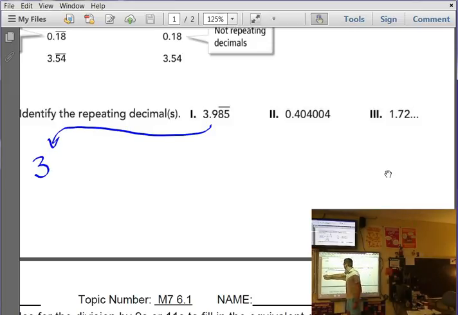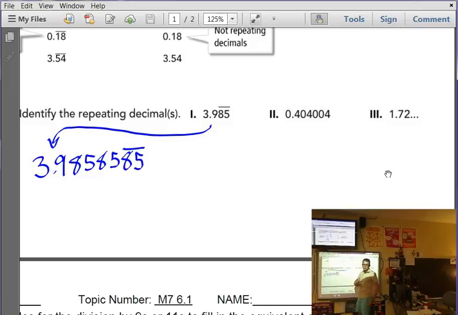So this would actually be 3.9858585, and the 85 is what repeats. If you want to write a couple sets so that you know. Does number 2 repeat, Lily? 40400. It looks like there might be some kind of pattern starting, but it's not repeating. Nothing has actually repeated itself because it's been changing.